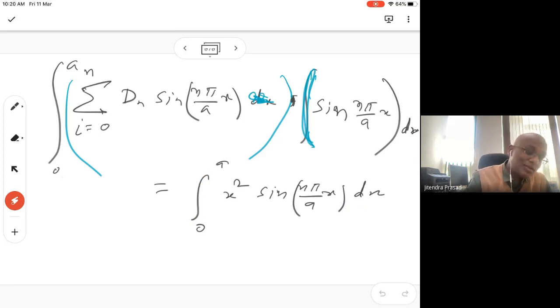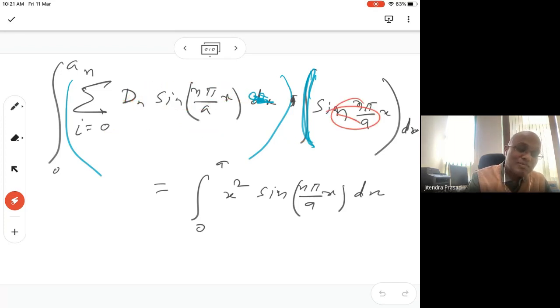Since you know that this sine is orthogonal, and you must have studied the Fourier series already, you can expand it yourself.